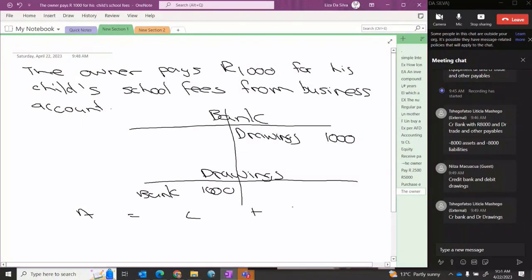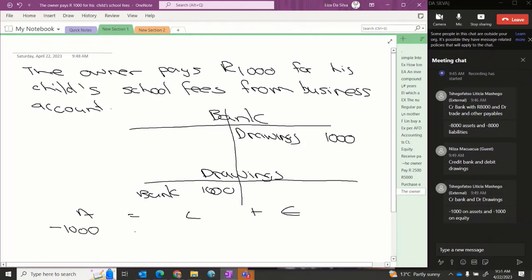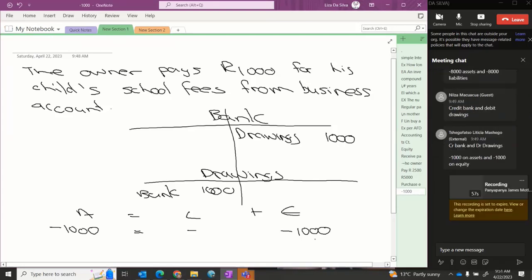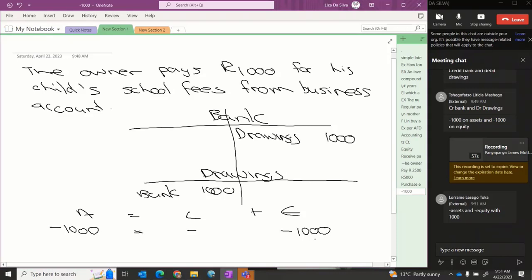L plus E. Once again, your bank will decrease, so your assets are decreasing with 1,000. Nothing with your liabilities, but your equity, is that going to be plus? Someone already answered me. You're decreasing your equity, so it's like an expense. It's the money that you put into your account and you are now taking out.